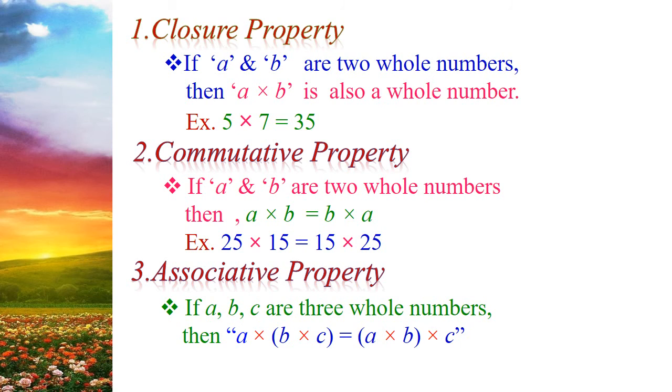That is, if three whole numbers are grouped in any manner, then the product is the same. That is, 10 into (20 into 30) equal to (10 into 20) into 30.